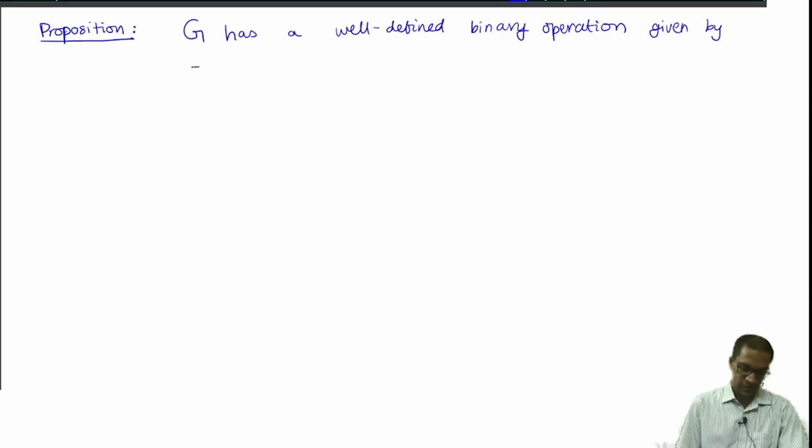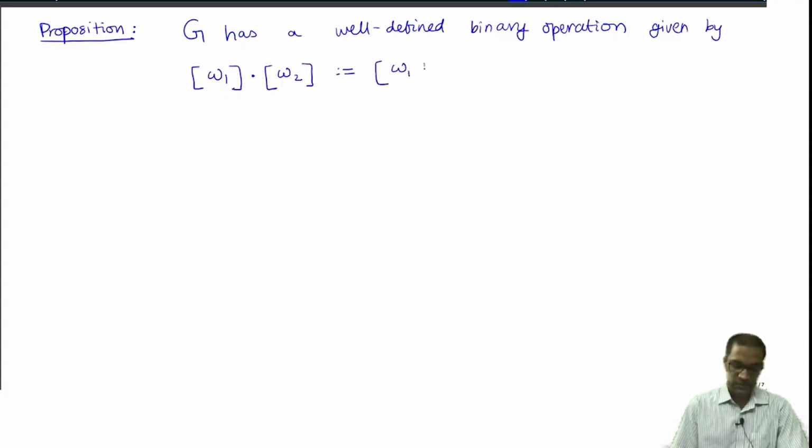so here's the definition. Remember, elements of G are themselves equivalence classes, so I take the equivalence class of W1, and this dot denotes the binary operation, the multiplication I'm going to define on G. So W1 times W2, the equivalence class, is defined to be, well, it should again be another equivalence class, and we just define it to be the equivalence class of the composition of W1 and W2.